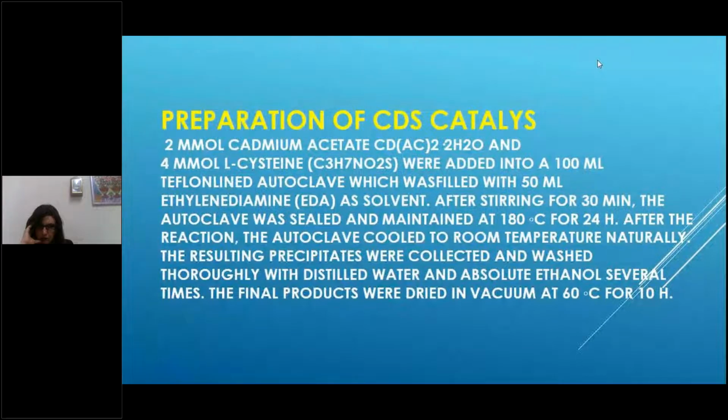After stirring, it was put into an autoclave and maintained at 160 degrees centigrade for a day. After the reaction, the autoclave was cooled to room temperature naturally. The precipitates were collected, washed with distilled water and absolute ethanol, and dried.